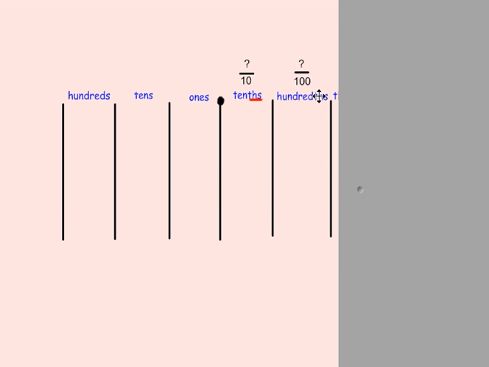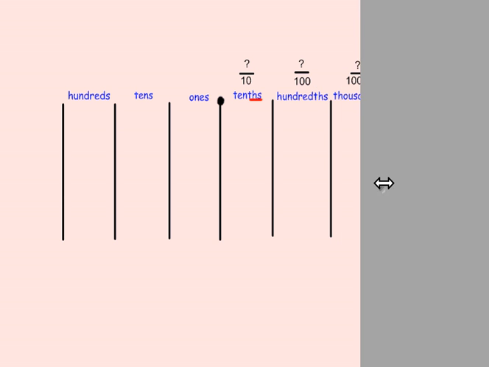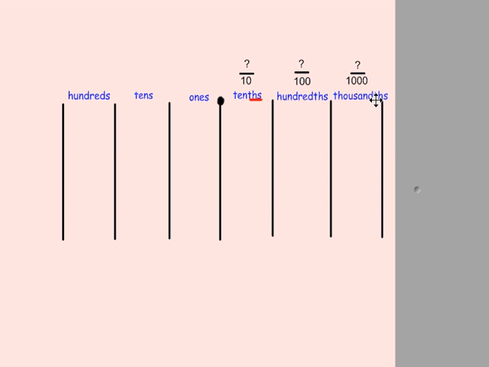It's not a tens column, it's a tenths column. This column is our hundredths column, which is otherwise known as something over 100. And this column is our thousandths column, which is something over 1,000.